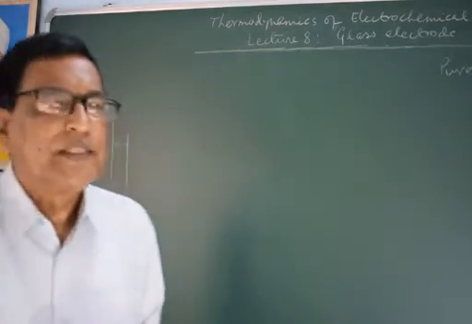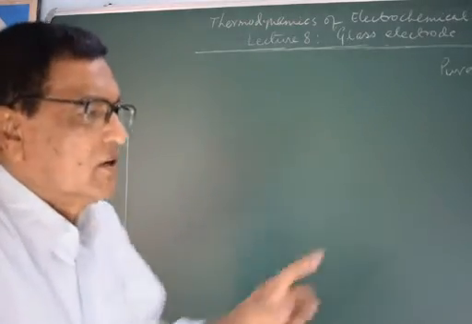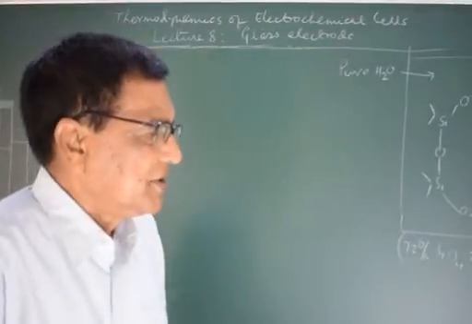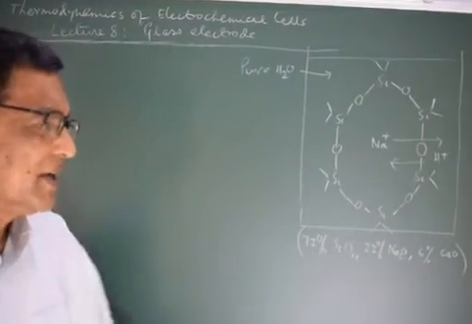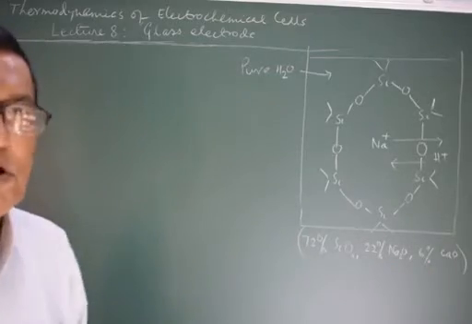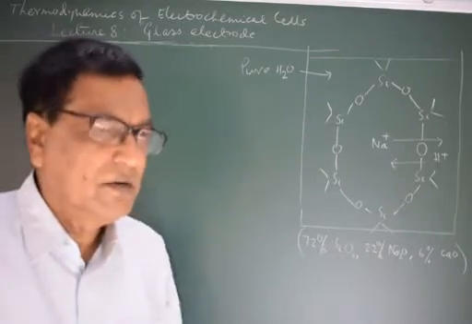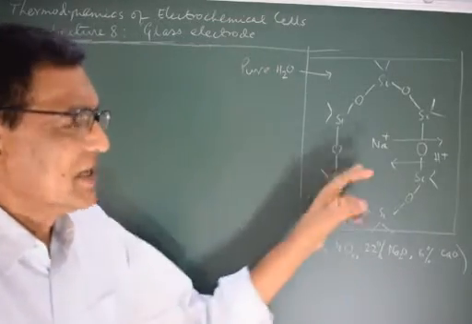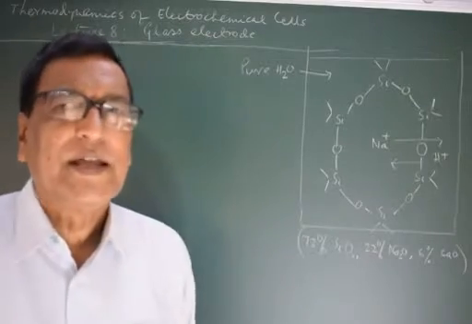And we know the structure of this glass. This glass contains 72% silicon dioxide, 22% sodium oxide, and 6% calcium oxide. So this is the composition of a typical glass, and the structure of this glass is actually a super cooled liquid.